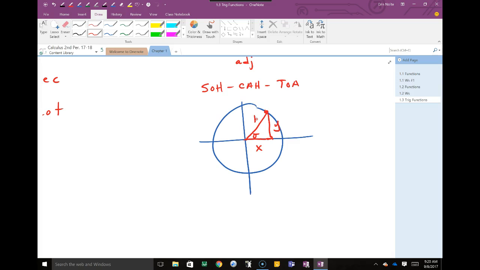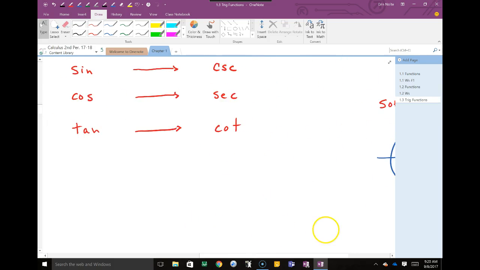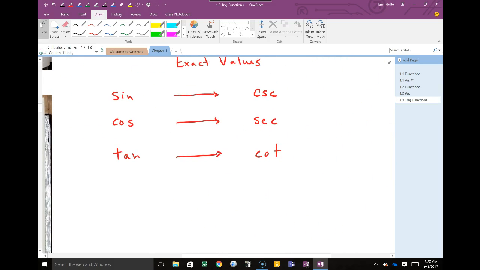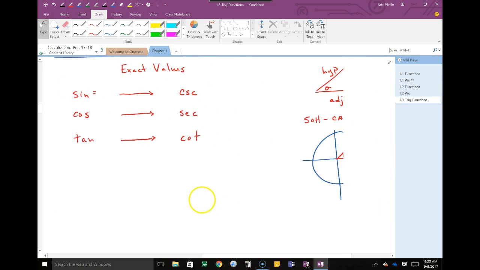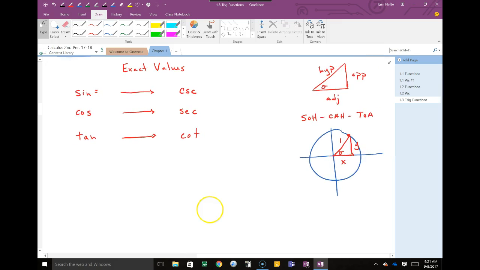Okay, so if we take this x and y idea and try to remember what our sine and cosine and tangent are. Can you remember? Do you remember what the sine is? So remember that the sine is opposite over hypotenuse.